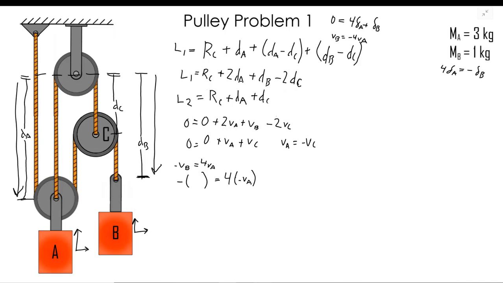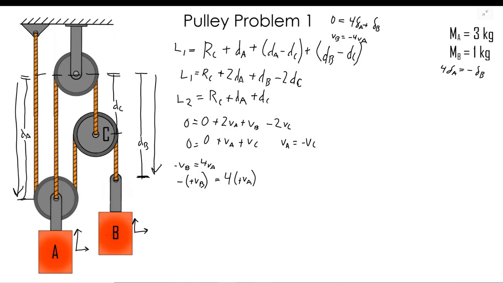So negative VA, putting it in the opposite direction, and the same thing happening right here, so negative VB. When we multiply a negative on both sides of the equation, it literally just makes it the same. So it's kind of a stupid one, just because the equation does not change.